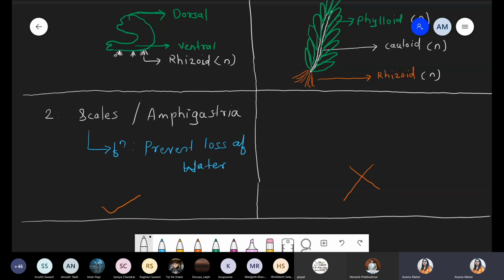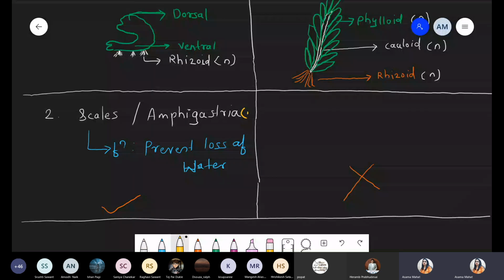Such a typical structure is present in liverworts, but in mosses it is totally absent. And if you want to write the ploidy level, this part belongs to the gametophytic generation. So what will be the ploidy?